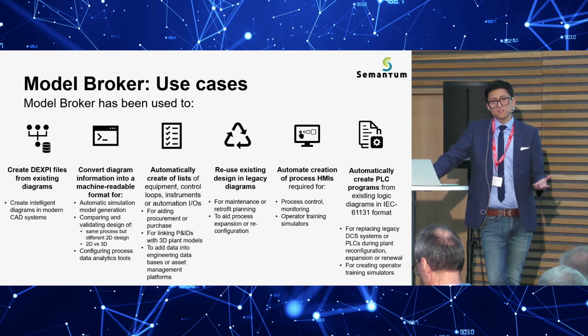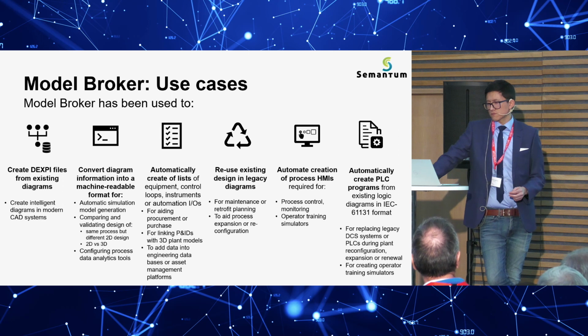Creating process HMIs is also something important that control application vendors would want, because they usually resemble very much the PNID structure. And control application vendors are also able to create PLC programs using the information from the PNIDs.